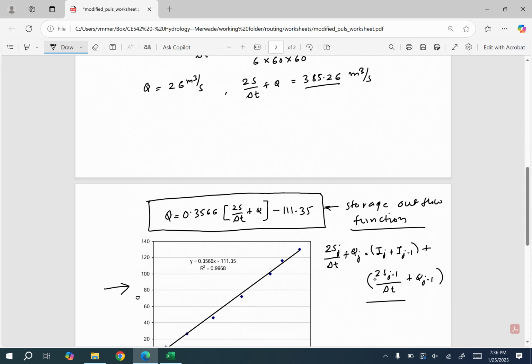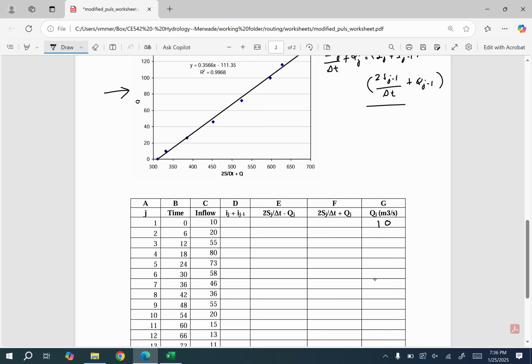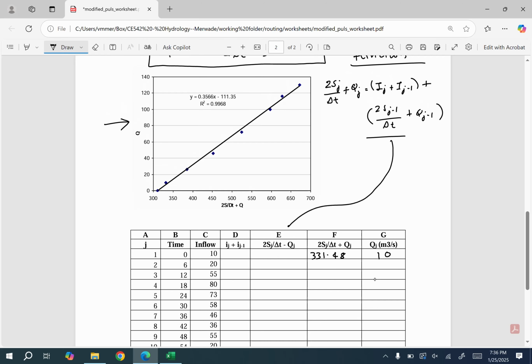So we can populate that also. Now column E has 2S over delta t minus Q, while in column F we have 2S over delta t plus Q.